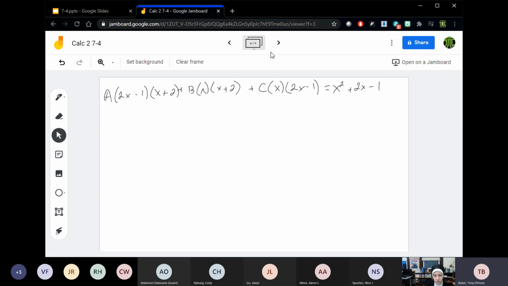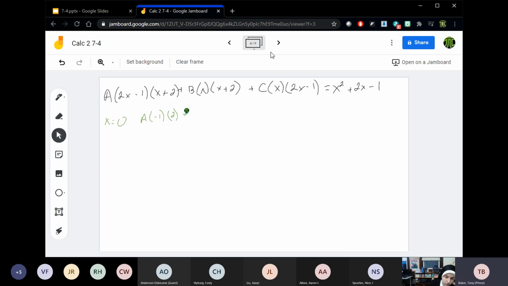So the first x that I'm going to do is x equals 0. I'm going to plug 0 into all of my x's, and as long as I do it to both sides of the equation, it's not going to change my problem. So this means I have a times negative 1 times 2.